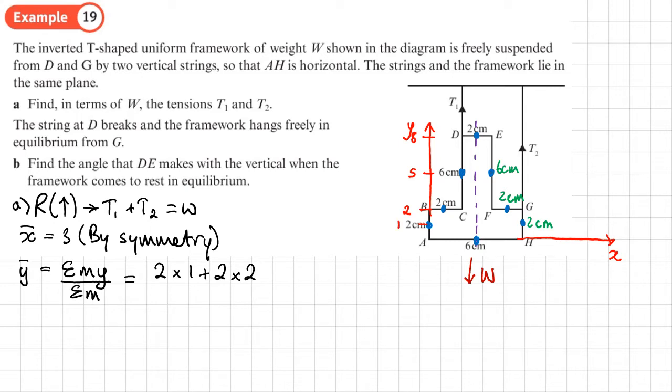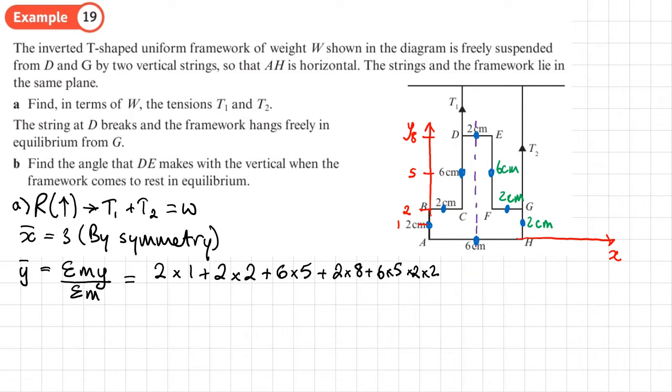Right, okay, so we're now on to CD. Now CD is a length of 6, its center of mass is 5. Then DE, length of 2, center of mass is 8, y coordinate of 8. Then EF, length 6, center of mass 5. FG, length 2, center of mass 2. And let's move this out of the way here.